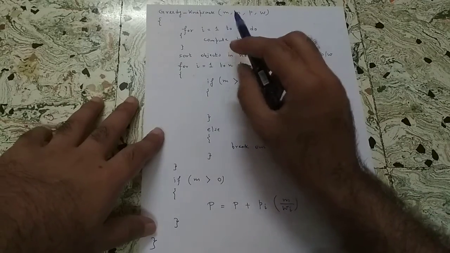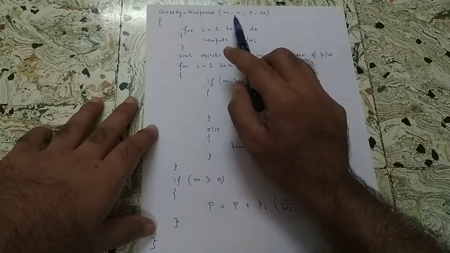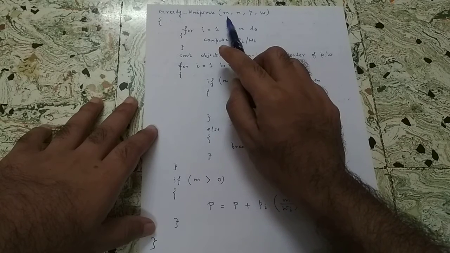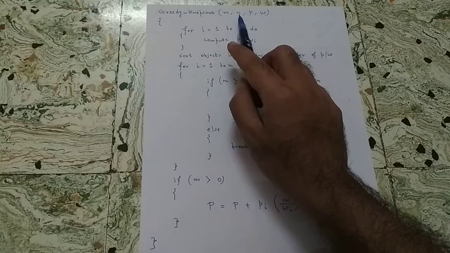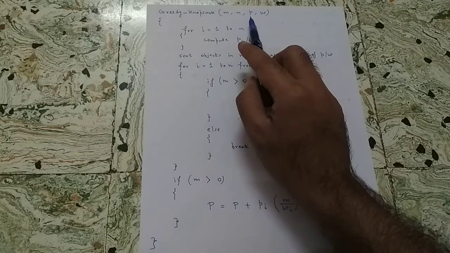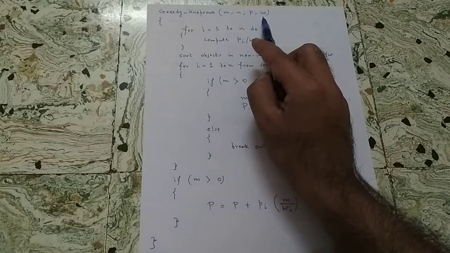As you can see, the greedy knapsack will take 4 inputs. The first input is the size of the knapsack, denoted by the variable m, then the number of objects present, denoted by the variable n, then the profit of every object, which will be a list of profit values, and a list of weight values of the objects.